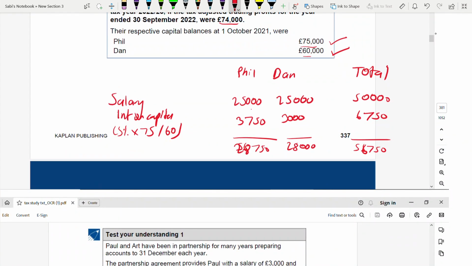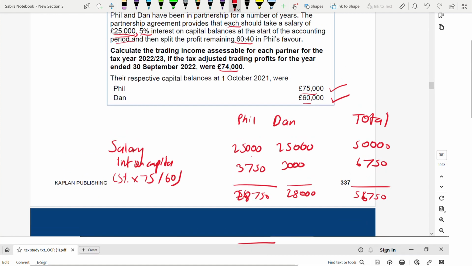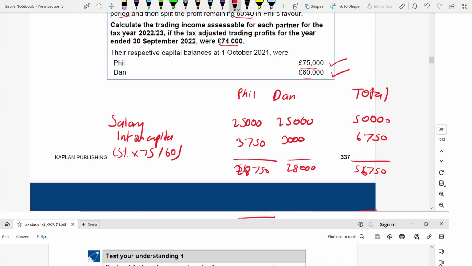Remember, they have given you the profit. What profit? 74,000. This is the total profit, and you need to allocate this among the partners. Total allocation of profit, partnership profit. How will you allocate?